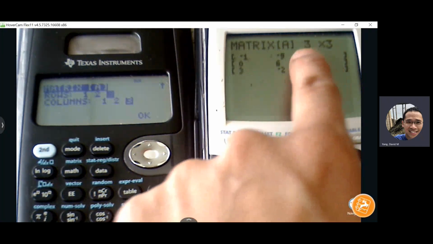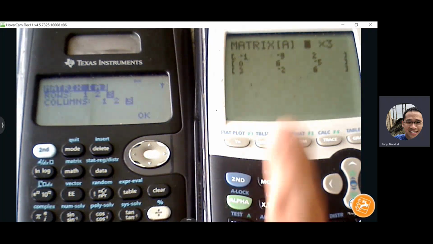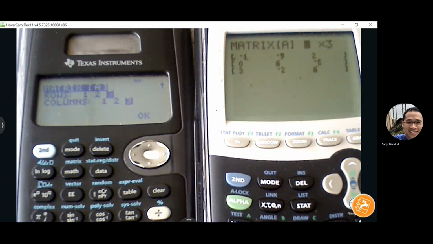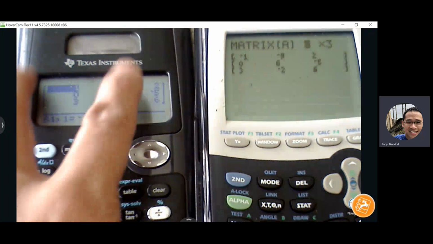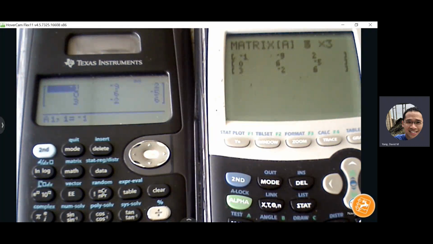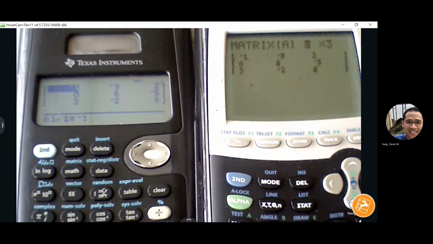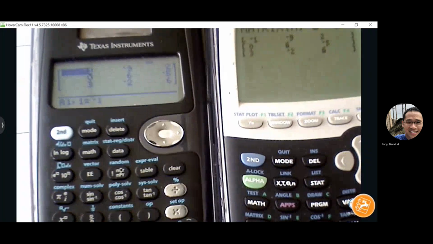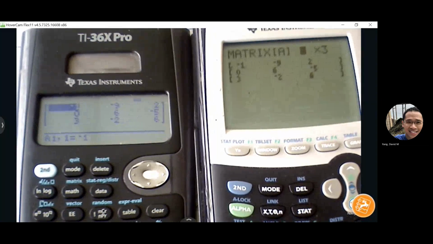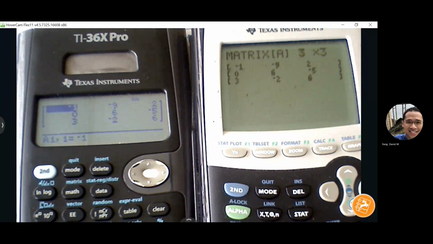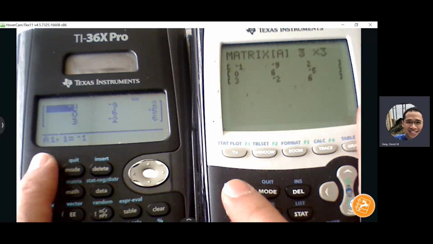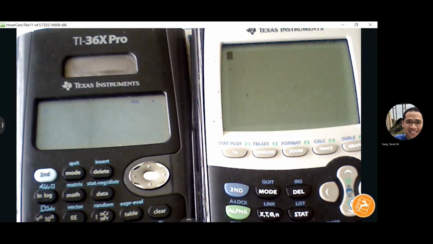For the graphing calculator, you just have to enter the dimension that you want, 3x3. Okay, go ahead and click OK on your 36 Pro, and then just start entering your 3x3 matrix. Okay, once you're done, second mode will get you back to your home screen.